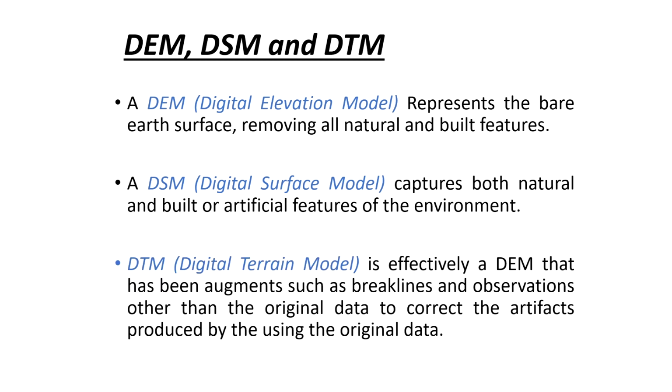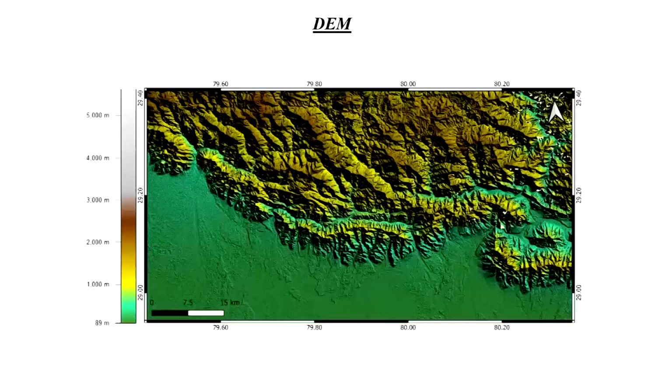And another model is the digital terrain model. It is also a DEM, but when you are processing your DSM or DEM, which includes the natural as well as the artificial elevation data, if you are removing this data from your DSM or DEM, then that is called your DTM. So here you can see this is a SRTM DEM of 30 meter resolution.